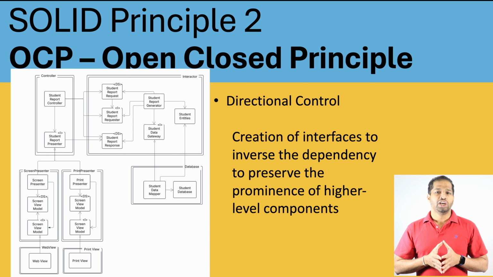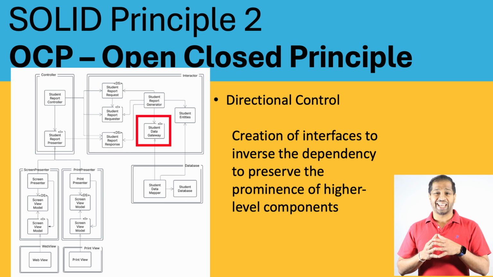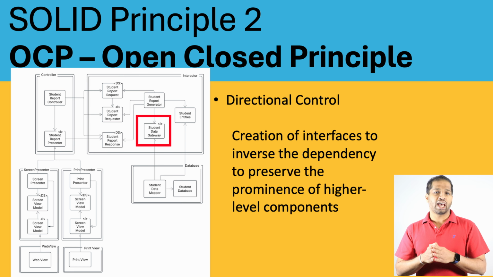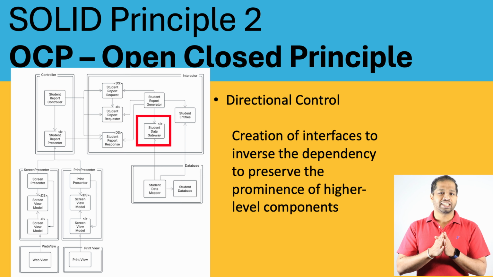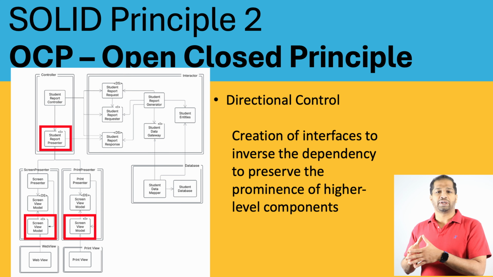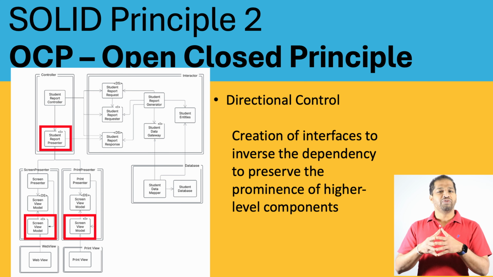For instance, the student data gateway interface between the student report generator and the student data mapper exists to invert the dependency that would otherwise have pointed from the interactor component to the database component. The same is true of the student report presenter interface and the two view interfaces.